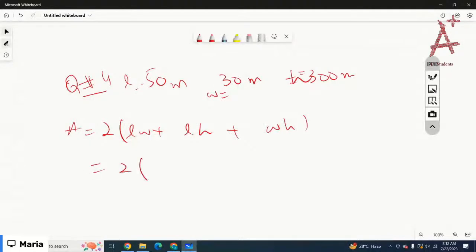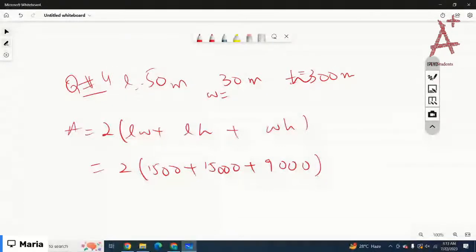Length times width, 3 times 5 is 15, 1,500. Length height, 5 times 3 is 15 and that is 15,000. Then width height, 3 times 3 is 9 and that would be 9,000. So just add them and multiply them by 2. 9,000 plus 15,000 plus 1,500.